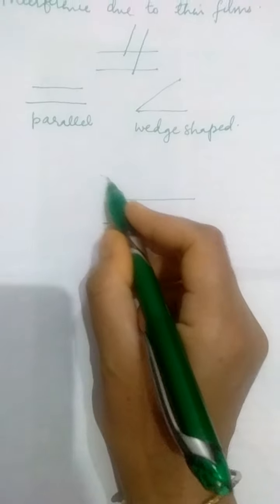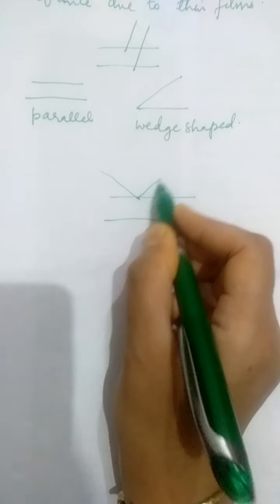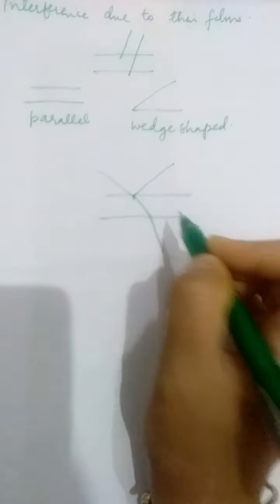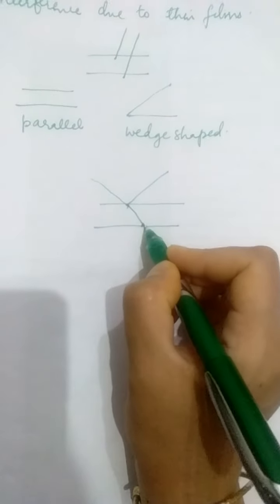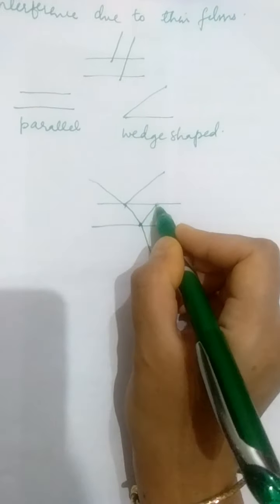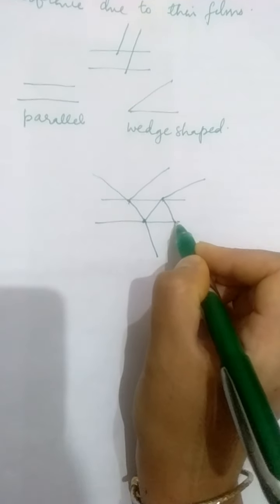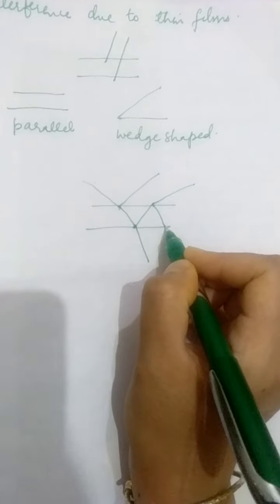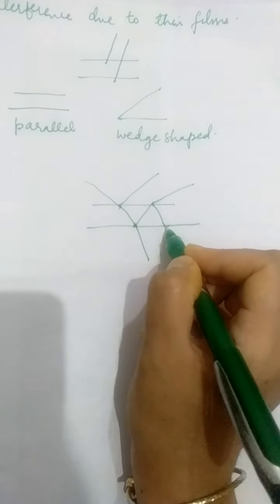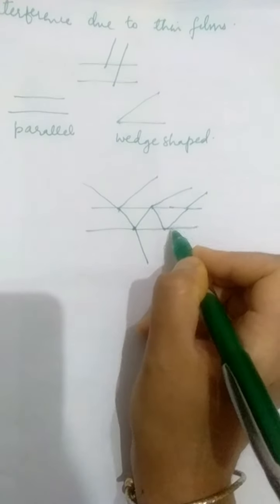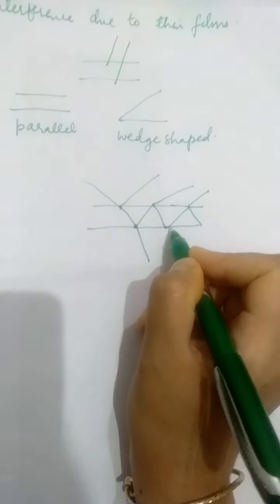This is the incident ray. A part of it gets reflected, a part of it gets refracted, a part of it gets transmitted. From this point, again, a part of this ray gets reflected, a part gets transmitted, and a part gets reflected again. Then from this point, a part gets reflected, another part gets transmitted, another part gets reflected, and so on.